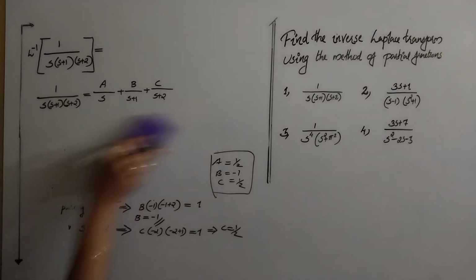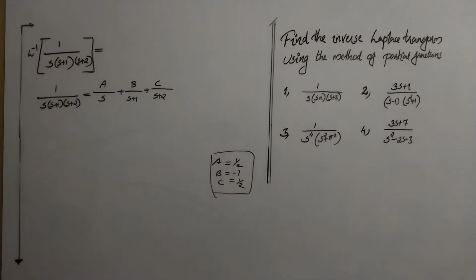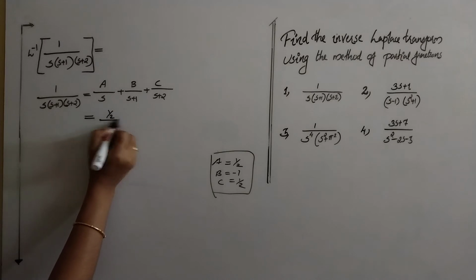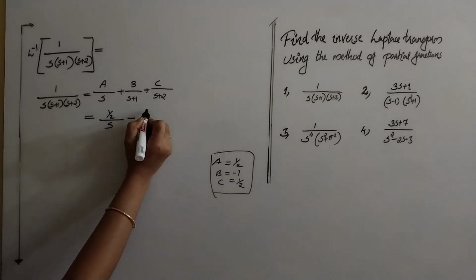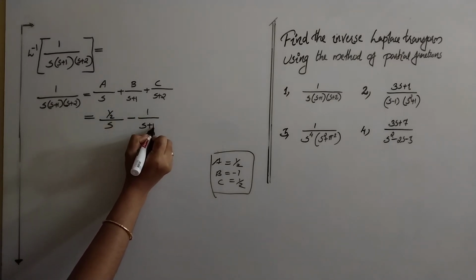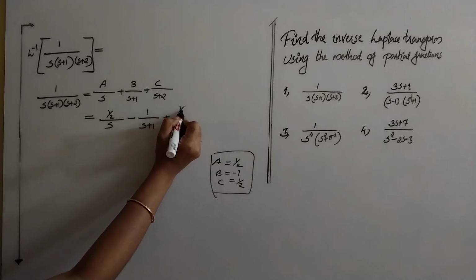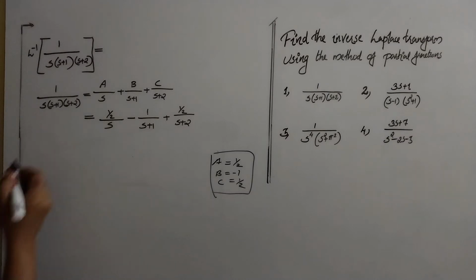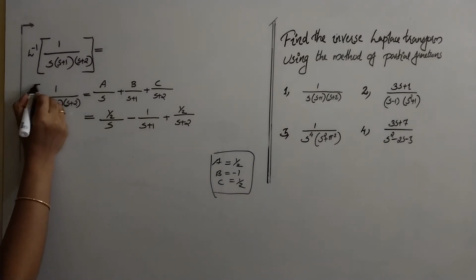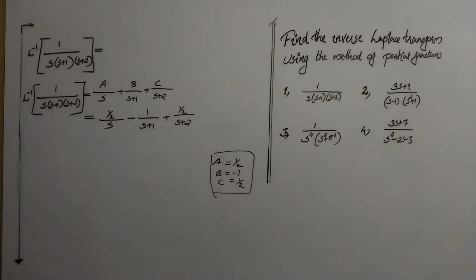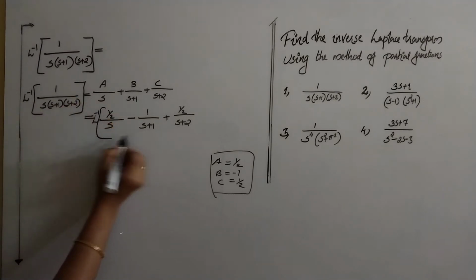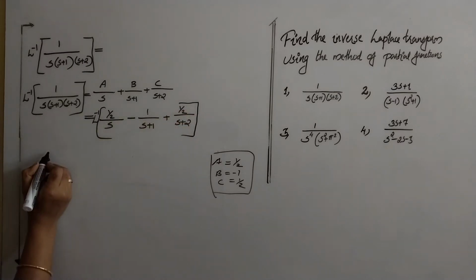So this becomes what? a divided by s, that is 1 by 2 divided by s, minus 1 by s plus 1 plus 1 by 2 divided by s plus 2. So L inverse of this function is equal to L inverse of this term.